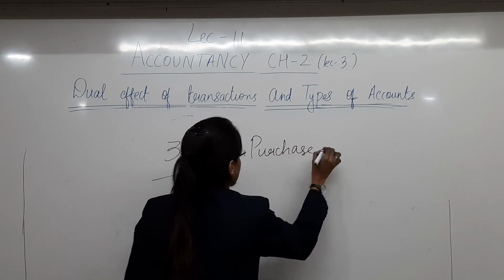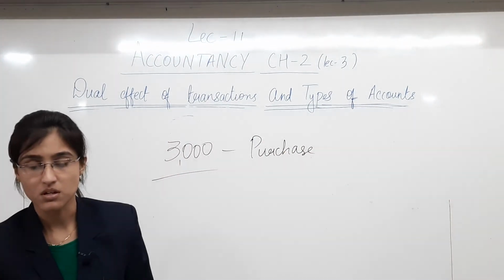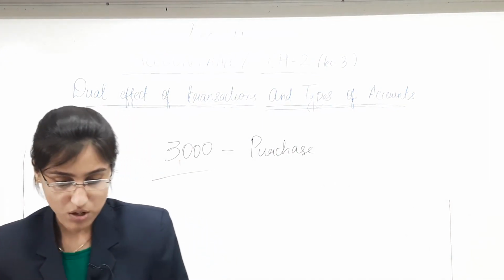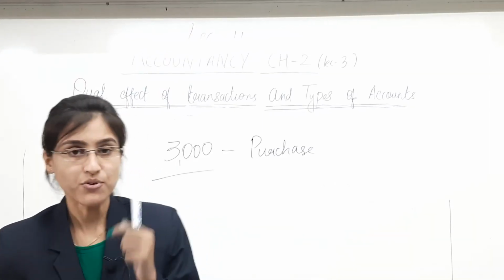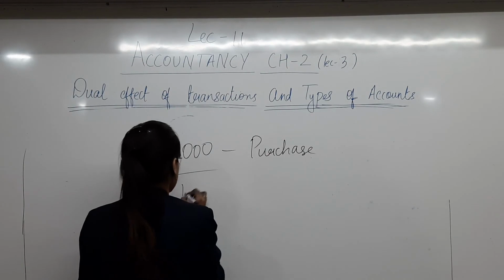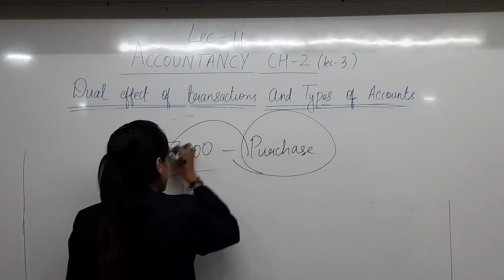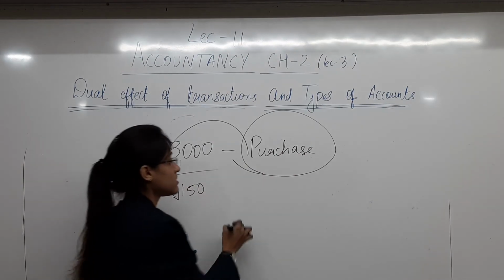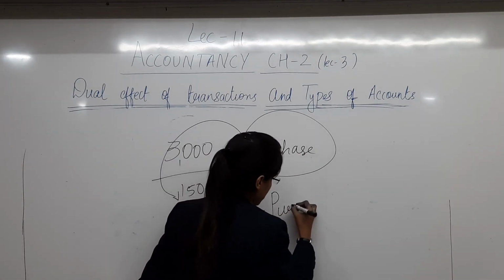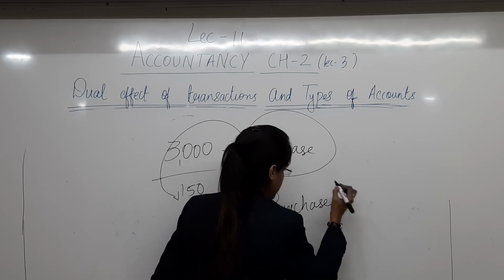So out of the purchase of rupees 3,000, goods of rupees 150 are returned. Goods purchased, of which goods of rupees 150 are returned, becomes purchase return.